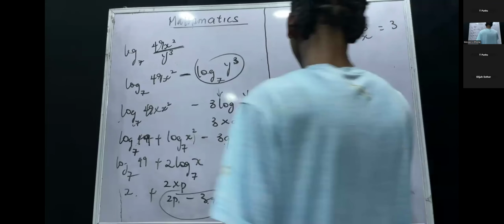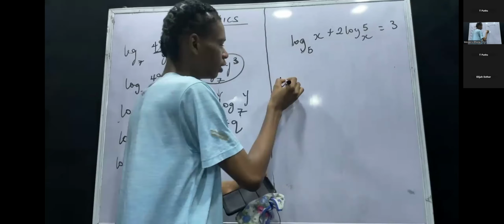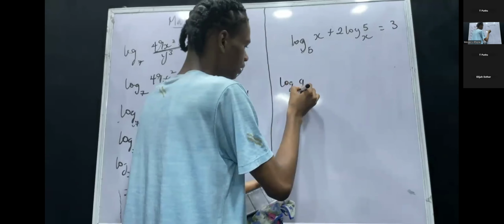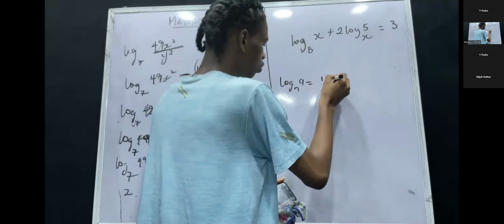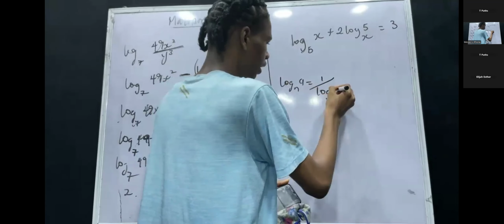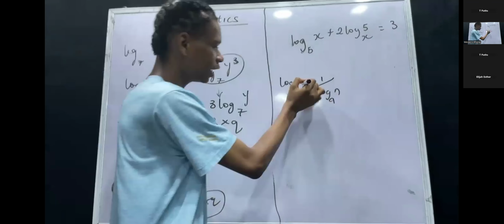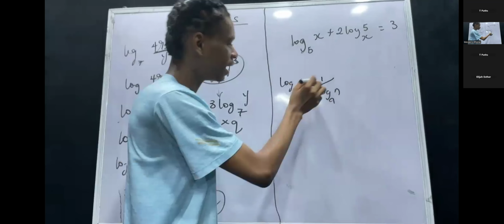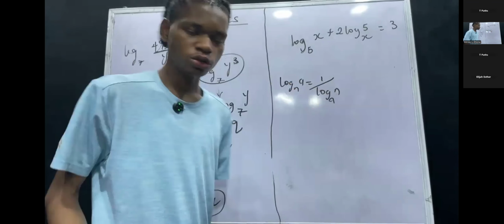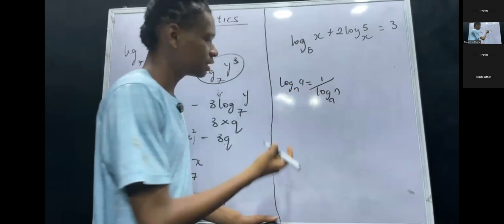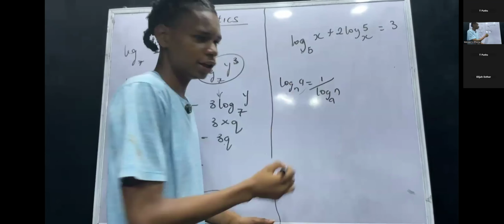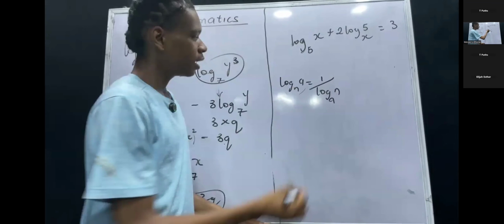So there is a logarithm rule that says when you have log a to base n, it is the same as 1 over log n to base a. What did I do? I'm simply inverting the value of log a while switching the bases. I have this as my value.